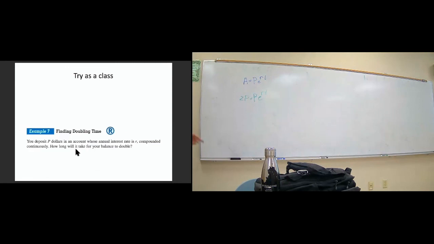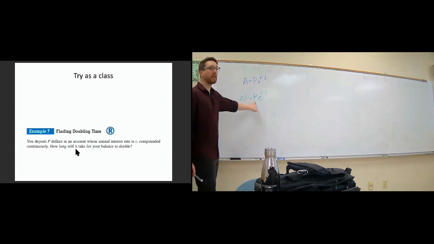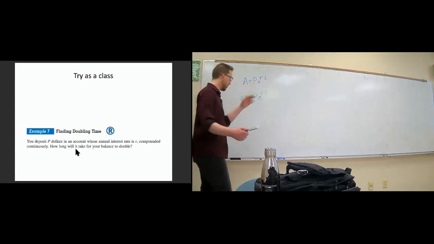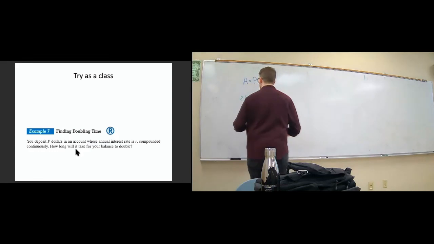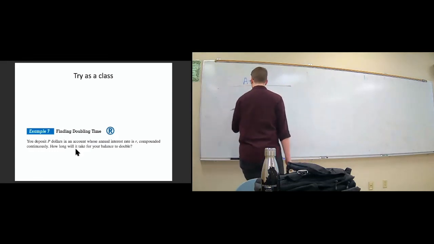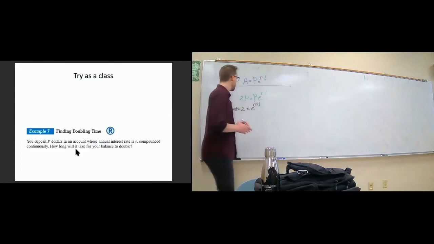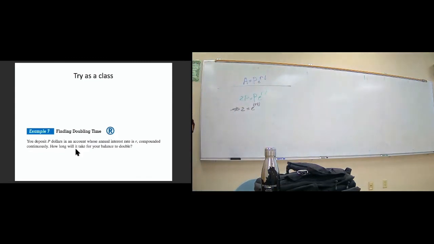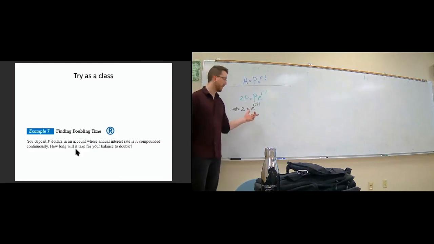To solve this, the first thing we might notice is that we can cancel out these P's, right? So let's go ahead and do that. That's going to give us 2 is equal to e raised to the R times T. Well, we're trying to solve for how long this takes, so we need to solve for T. The only way we can do that is if we take the ln of both sides.